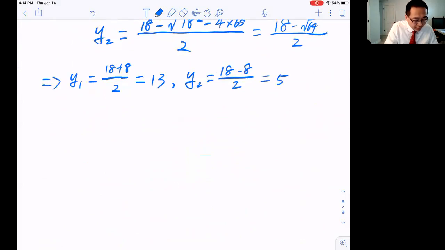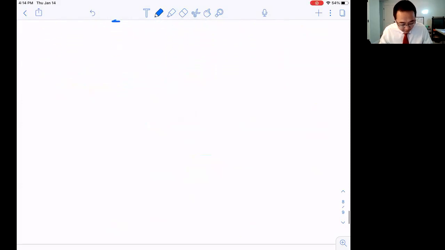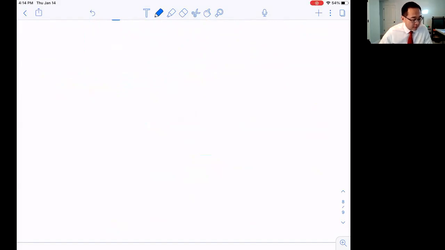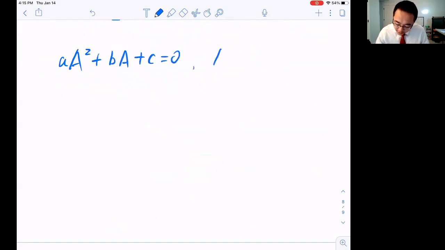Okay, so let's make things a little bit more complicated, okay? Where we'll have higher degree polynomial equations that are what's called quadratic-like or quadratic in form, okay? What I mean by that is you have a form where it says little a times big A squared plus b times big A plus c equals 0, but where A equals a whole other equation, right?